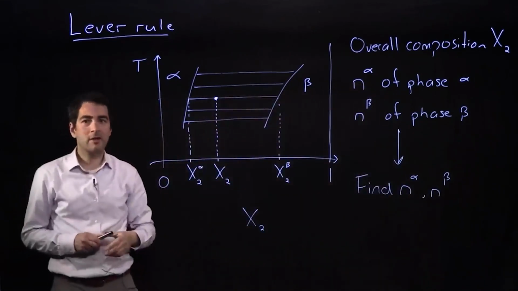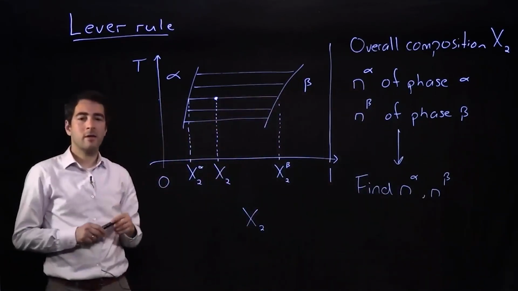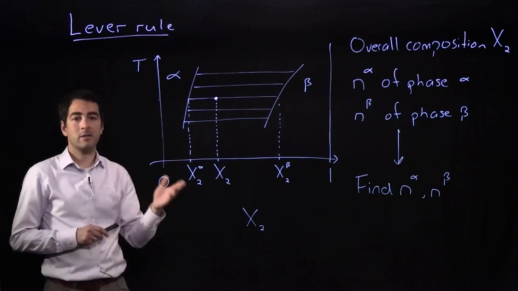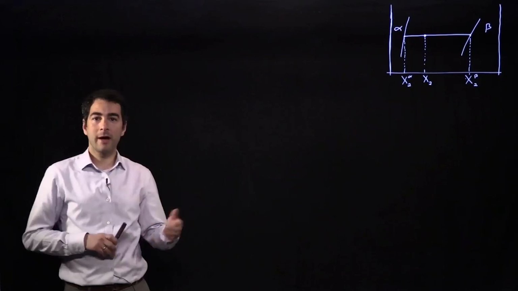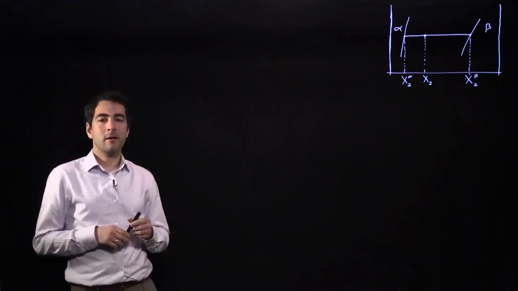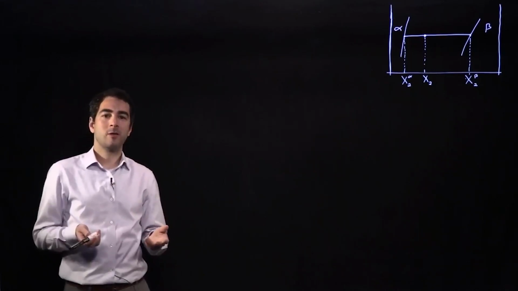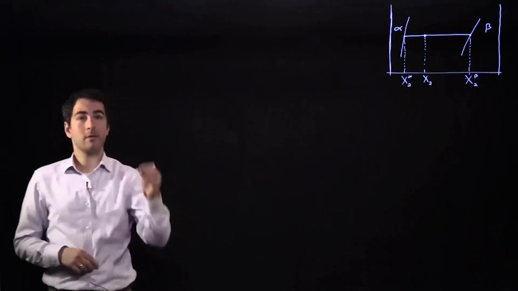What the lever rule does is allow us to calculate for those values, the mole fractions of the alpha and the beta phase. The way we find the mole fractions is by writing down constitutive relationships which express the conservation of mass.